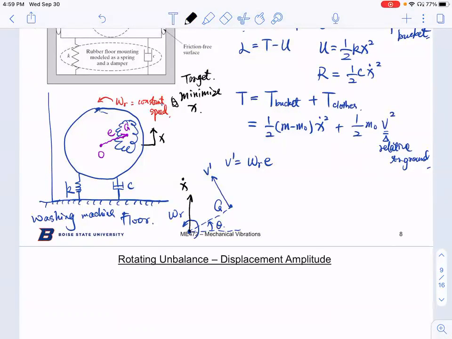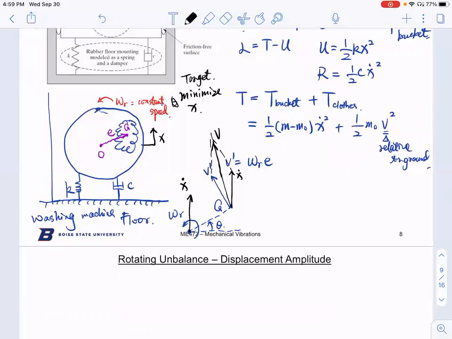So that means the absolute velocity is this vector, which is the actual v, the v you want. Make sense? It's not just v prime. You actually have to consider both v prime and x dot.